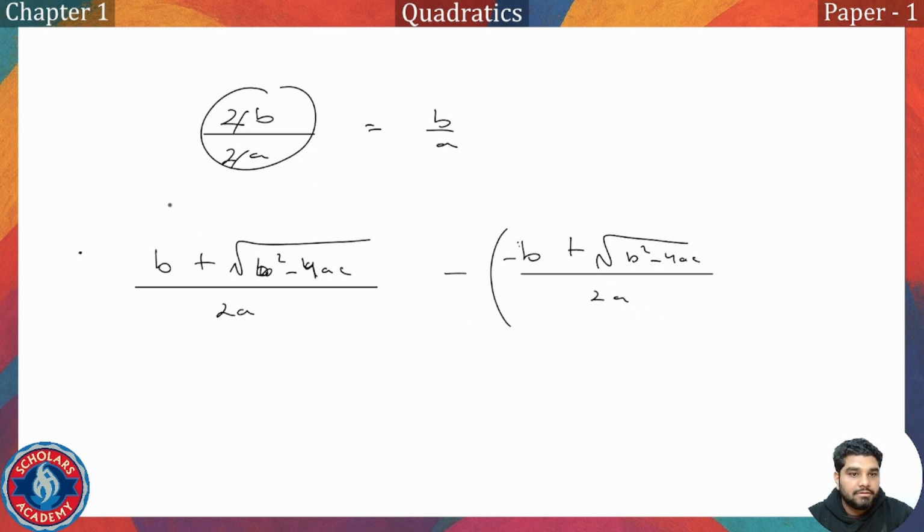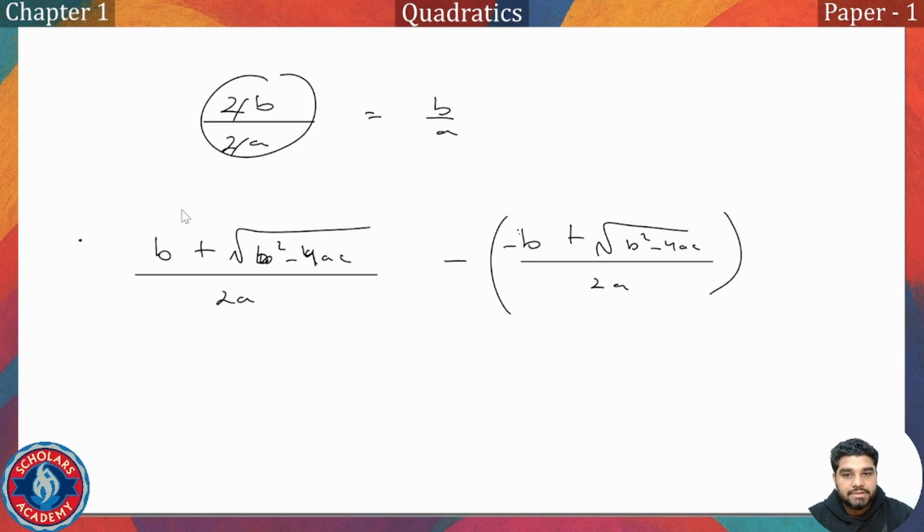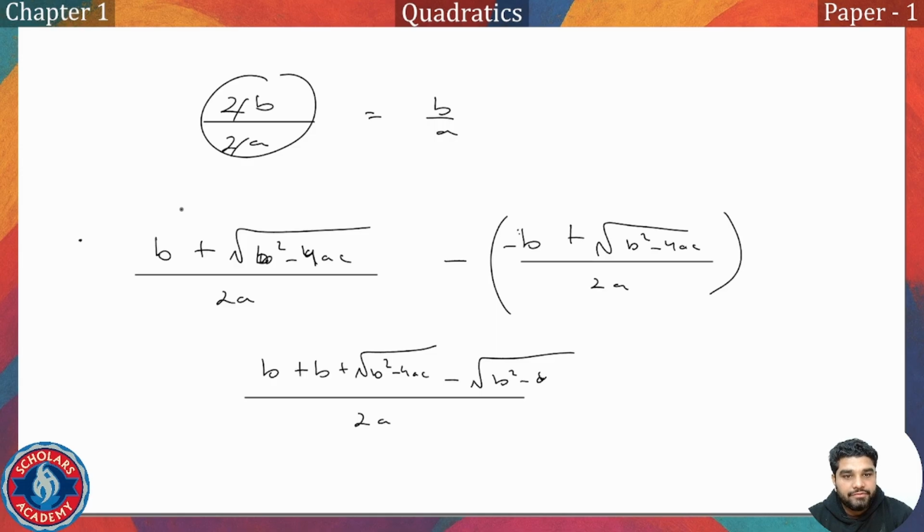Same denominator, so what I will get is 2a in the denominator, b minus of negative b is plus b, plus root b square minus 4ac minus root b square minus 4ac get cancelled out. We get 2b over 2a. So b by a is the difference between the two terms.